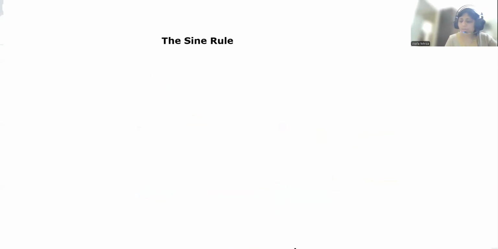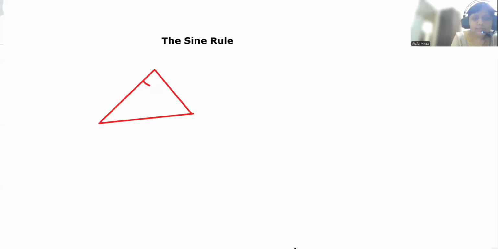So in the next question, again you are given a triangle. In this triangle, you are given that this angle is 61 degrees, then this length is 7.2, this length is 13.1, and you have to find this angle.